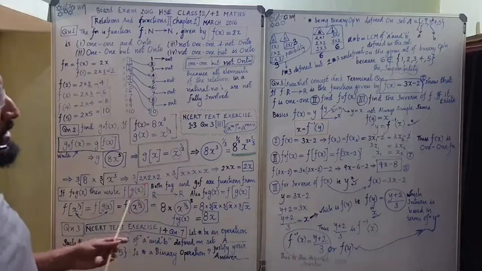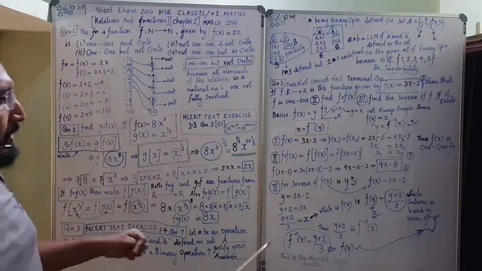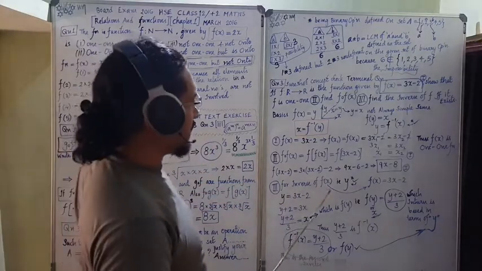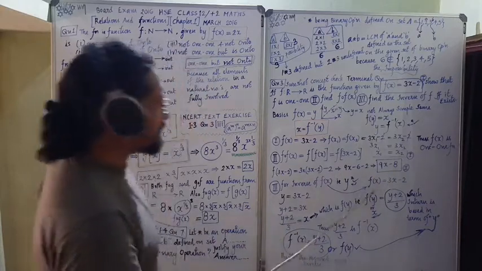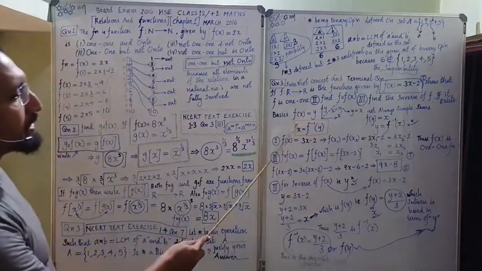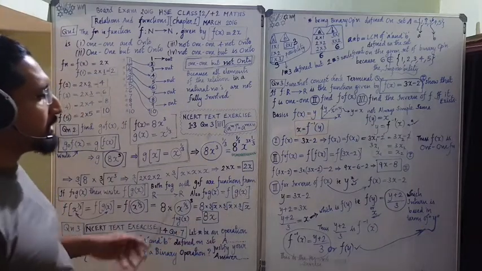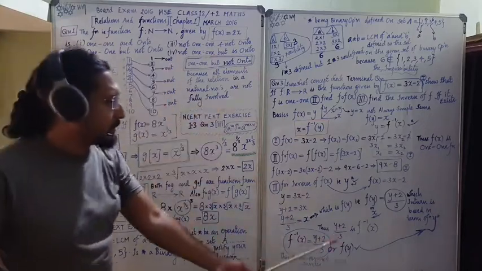And third is the inverse. What is the inverse? When we give a function, f of x, I have earlier written that this function which we write over here is also a function. It is represented by y. Inverse means you just want to put it in terms of another variable.